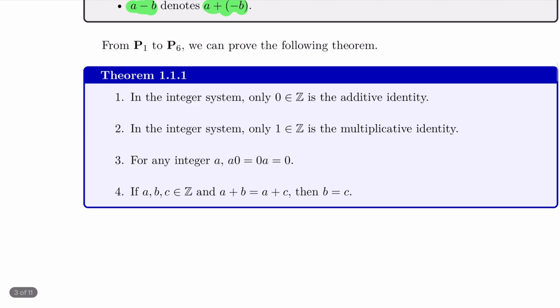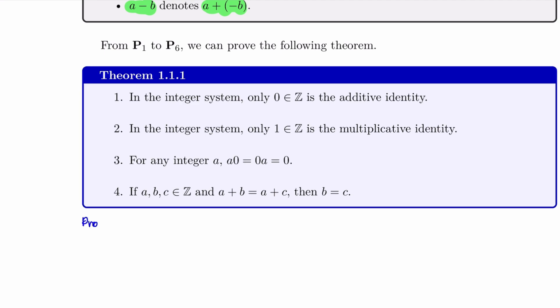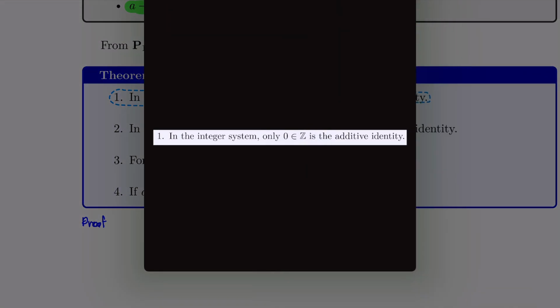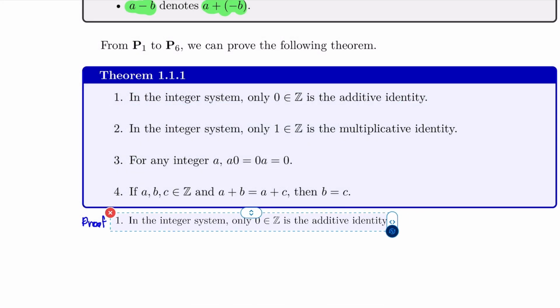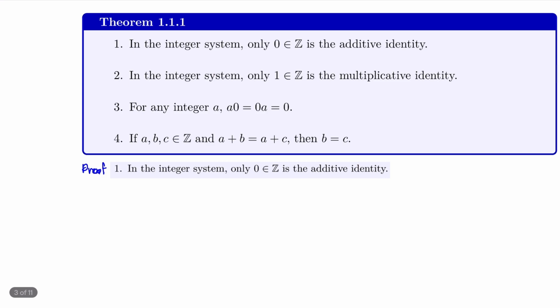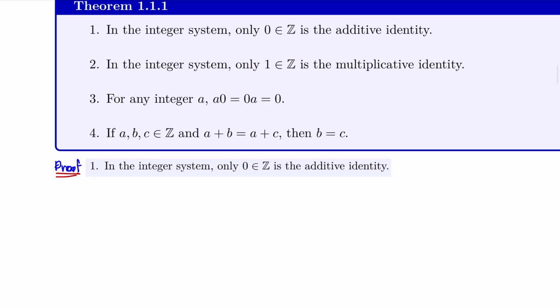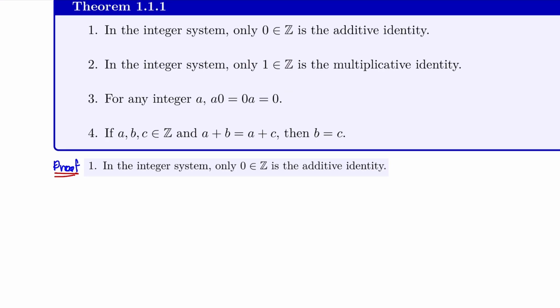So, let's go to the first one. Let's prove number 1. So we want to show that only 0 is the additive identity.